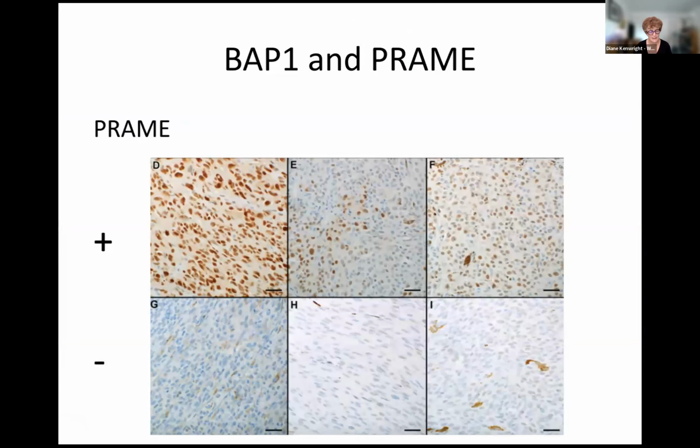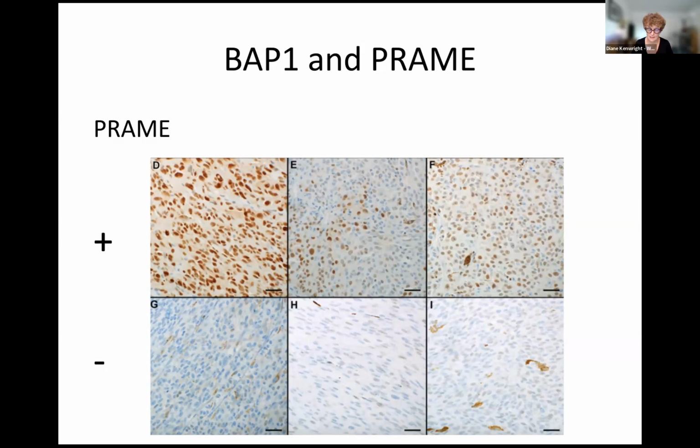And then we have PRAME, and unfortunately PRAME stains the other way, so normally it is absent. What's PRAME? It's an acronym, and that helps us remember it. What is it, Amanda? It's preferentially expressed in melanoma. So it's a tumor marker.